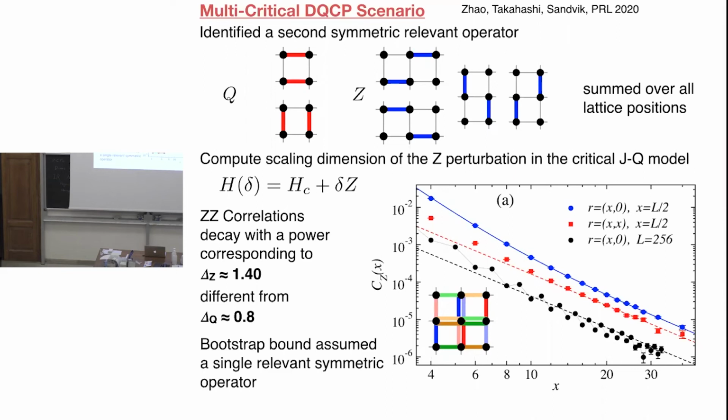So now we argue that there are two symmetric relevant fields. Now it's a little bit subtle, as all of you know very well. We sit at the critical point of the JQ model, which has J and that term. And I already showed you what the scaling dimension is of that term, which is part of my critical Hamiltonian.